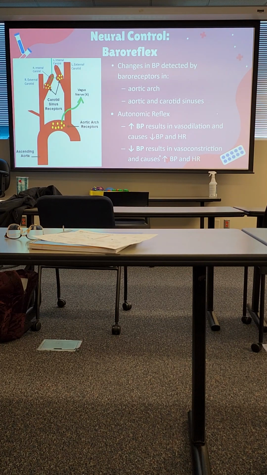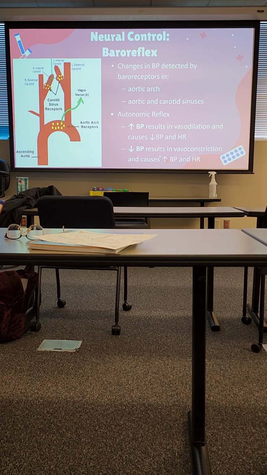Okay, now, baroreflex is a little bit different. It's not the same. Baro means pressure, right? So pressure reflexes. You will find chemoreceptors and baroreceptors in the aortic arch and the carotid sinuses, so they're going to be found in similar spots. But baroreceptors detect changes in blood pressure.